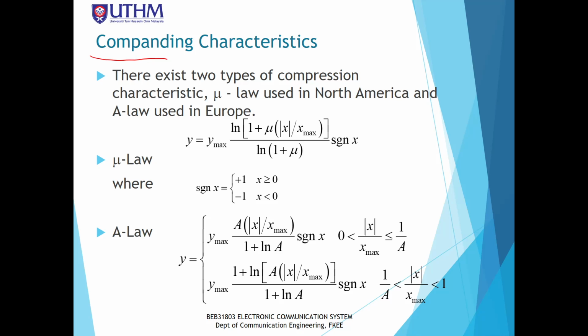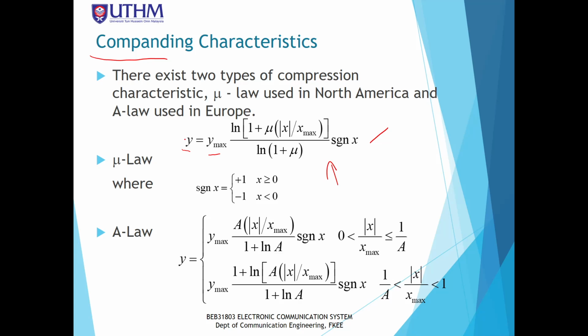So companding has two types, using mu law and also A law. The first one here is mu law: y equals y max times ln(1 plus mu) times the input. Sorry, the top one is mu law. y is the output.